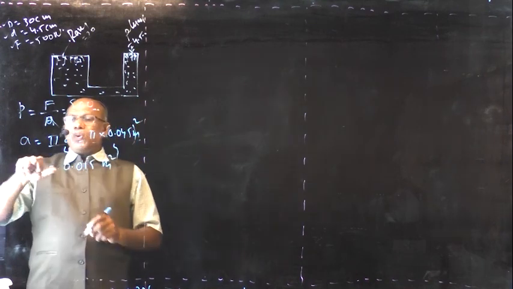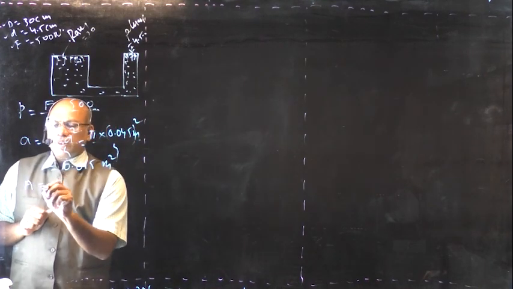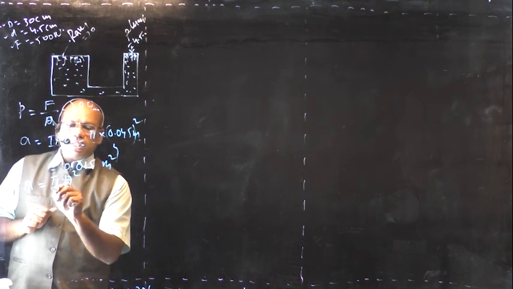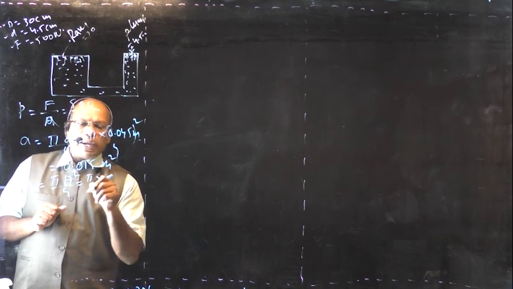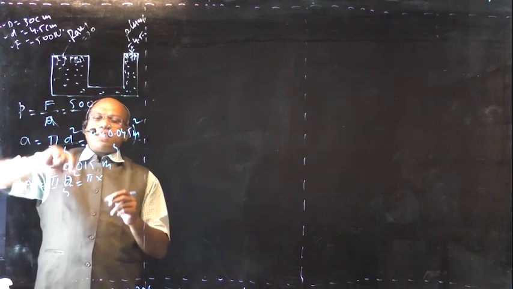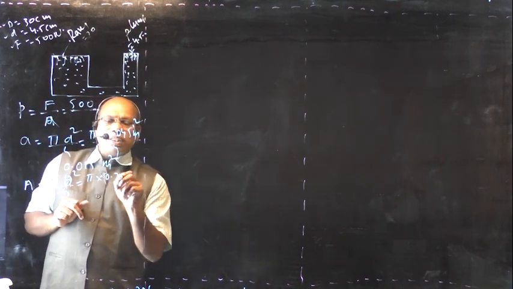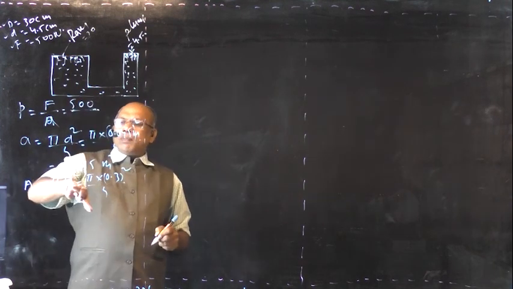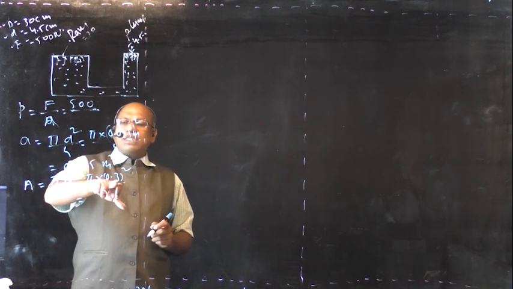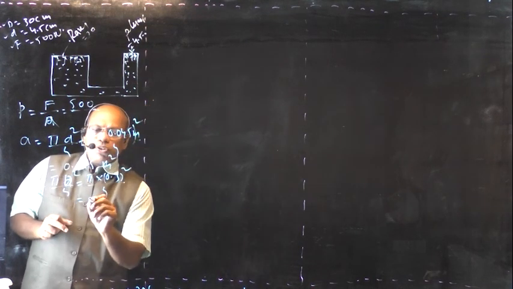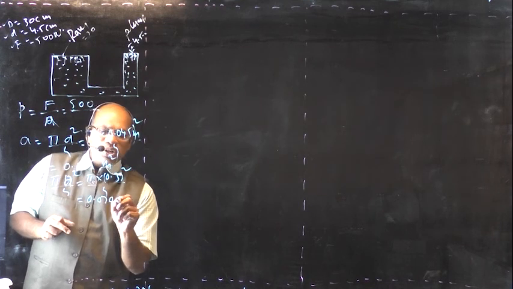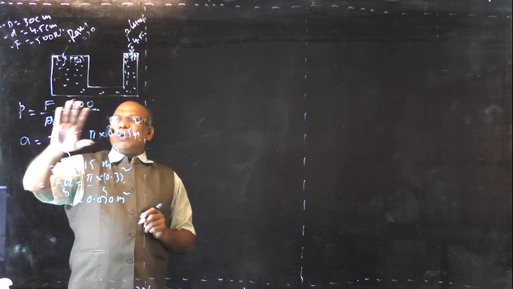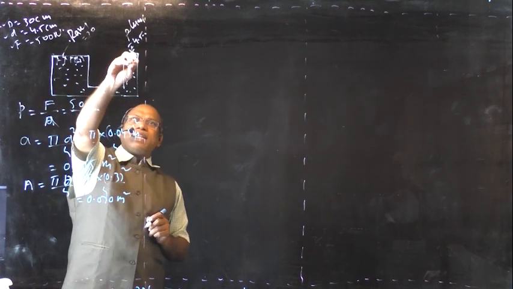And again the area of the ram, the same formula, pi D square by 4, pi into D, that is 30 centimeters, equal to 0.3 meters, squared, divided by 4. Therefore the area of the ram is equal to 0.070 meter square.